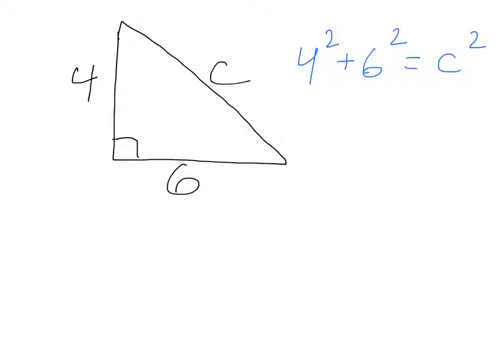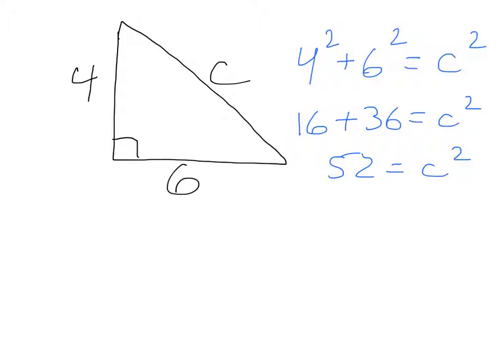What's 4 squared? 16. What is 6 squared? 36. And that equals c squared. What's 16 plus 36? 52 equals c squared. Okay?